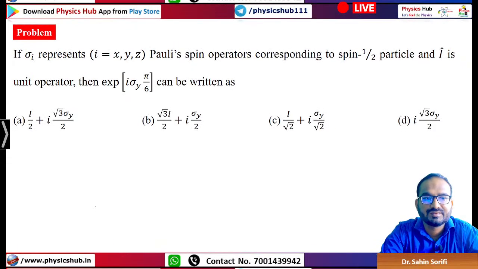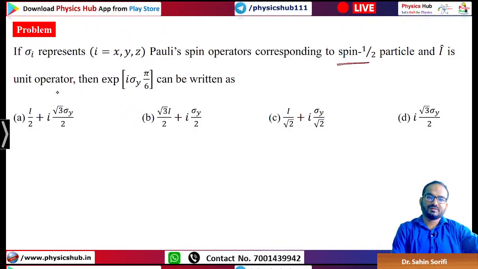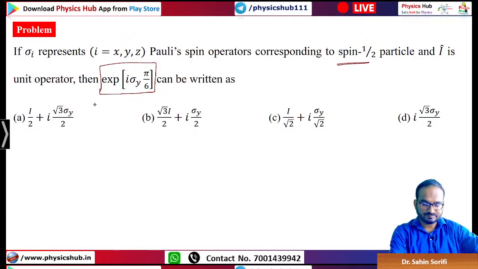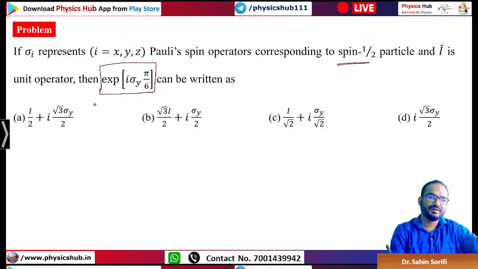If sigma i represents Pauli spin operators corresponding to spin half particle and I cap is unit operator, then exponential i sigma y pi by 6 can be written as. Here also we will be utilizing that identity.